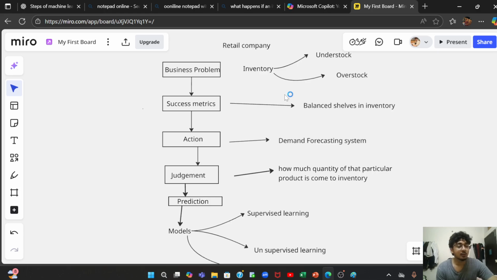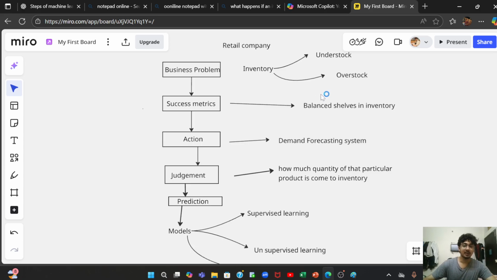So, for a retail company, the business problem is their inventory. In their inventory, there are some products which are in very high demand, which end up quickly in their stock, and there are no products of it or very few products of it, and they can't fulfill the customer needs. So, this is a situation of understock.